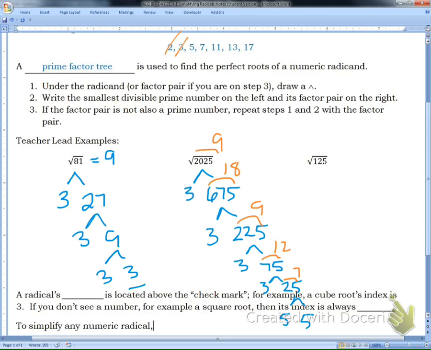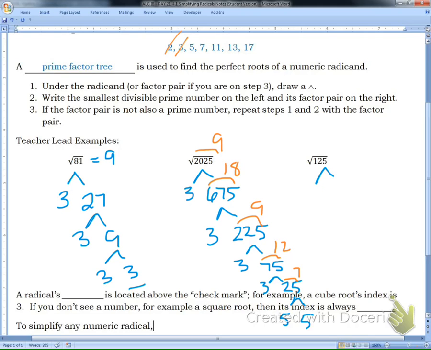The next one, square root of 125. If we make that into a prime factor tree, let's split it up. Can we divide it by 3? Well, 1 plus 2 plus 5 is 8. That can't be divided by 3. And I already crossed off 2 because 125 is not an even number. So let's try 5.